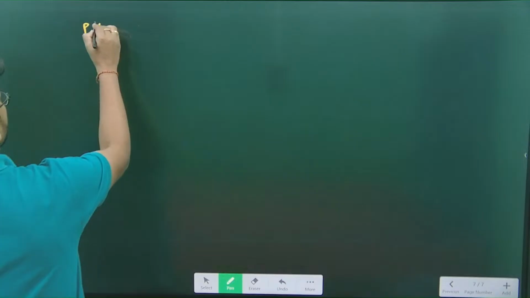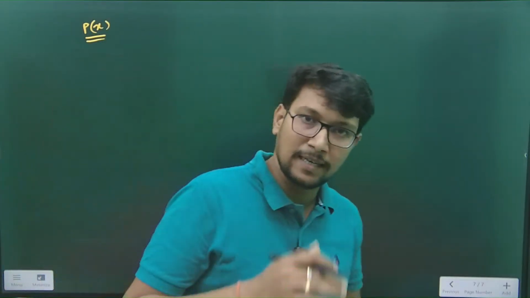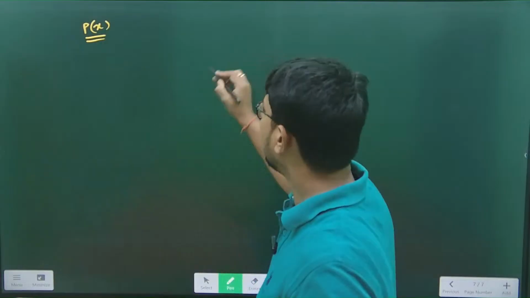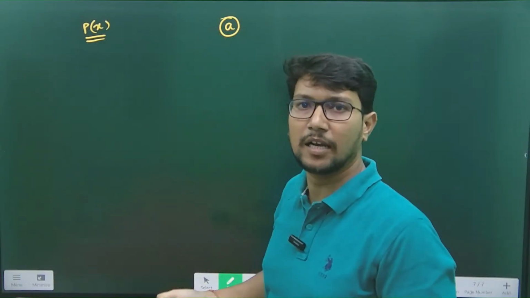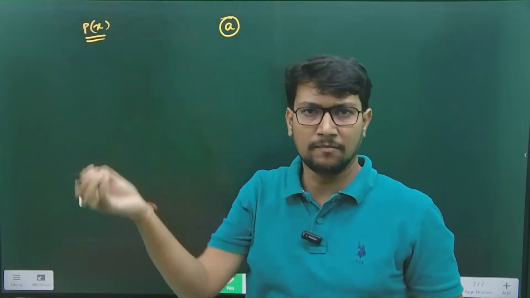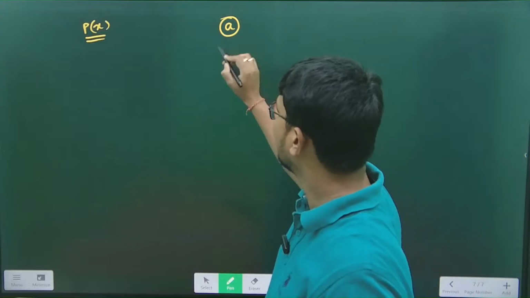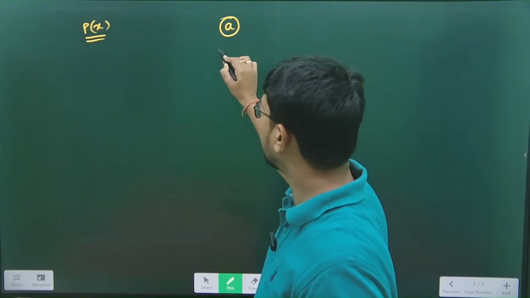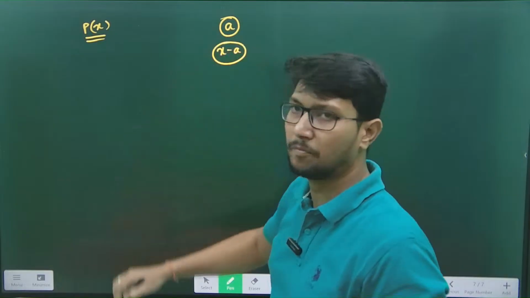If P of X is a polynomial and A is any real number. Real number means 1, 2, 3, 4, minus 1, minus 2, minus 3, 4, any P by Q form, these are real numbers. So when this real number is subtracted from X, that will become X minus A, a linear polynomial.